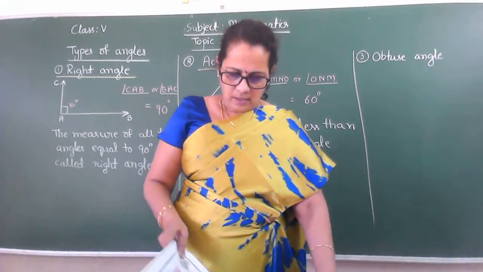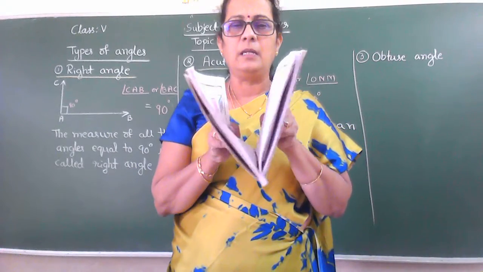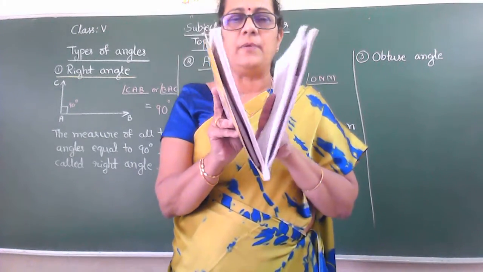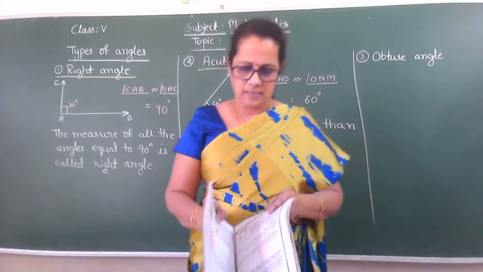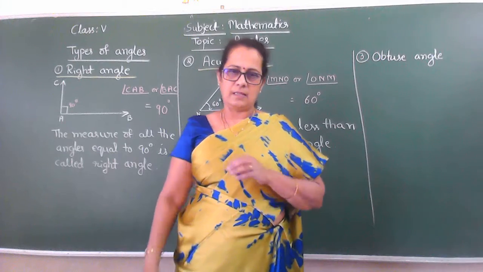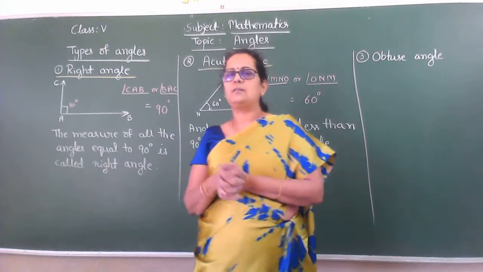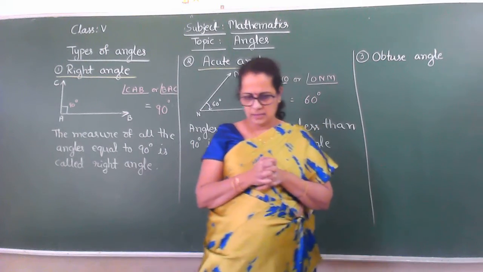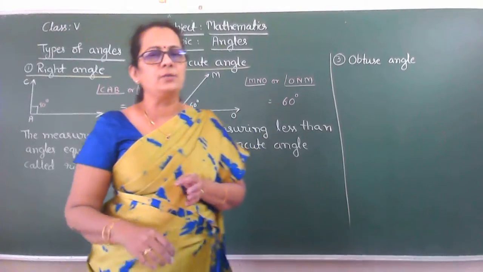Or if you open a textbook like this, the angle between the two pages is also an acute angle. The meaning is the same, the angle which is less than 90 degree is called acute angle. Okay children. So next, the third type is obtuse angle.